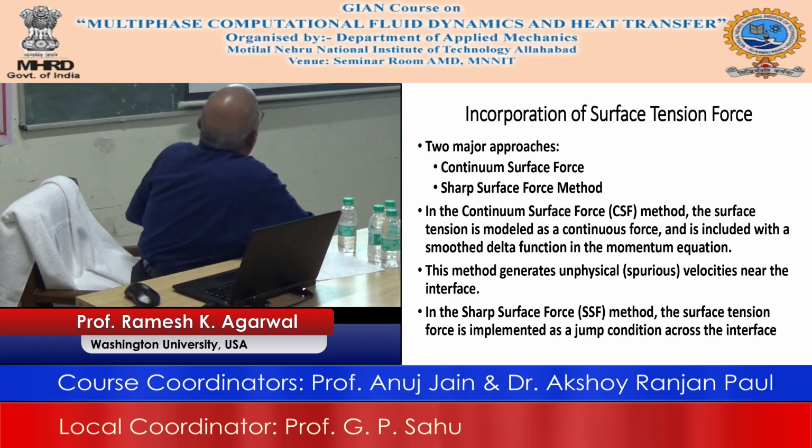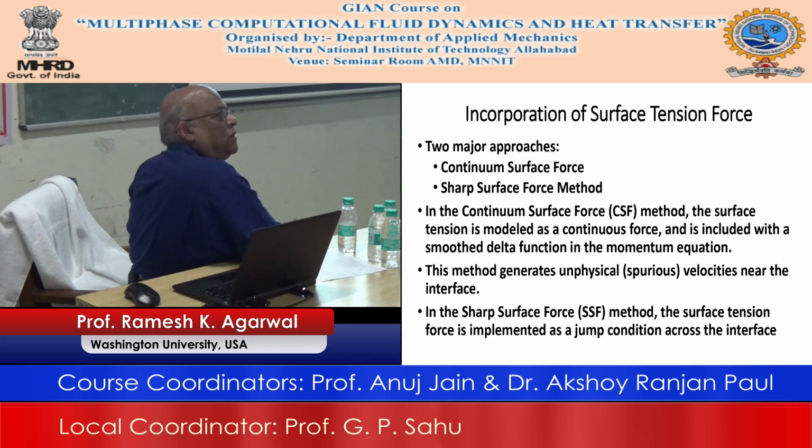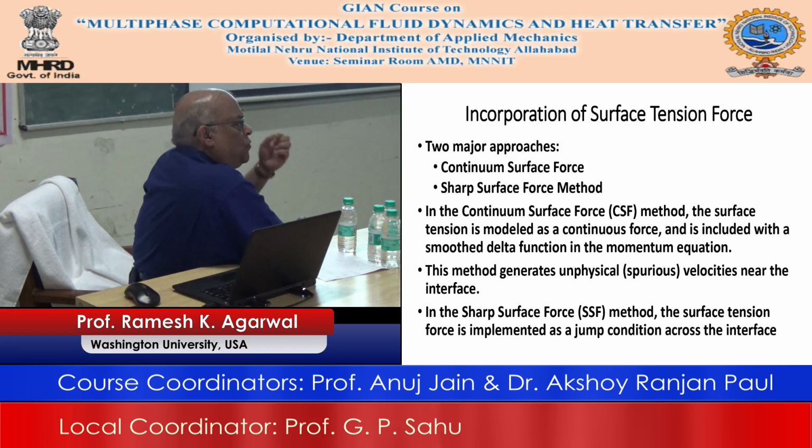So there are two approaches in the literature. One is called the continuum surface force method, and the other is called the sharp surface force method. In the sharp surface force method, the interface is treated as a very sharp interface, which means the delta function is almost going to acquire a value of 1.